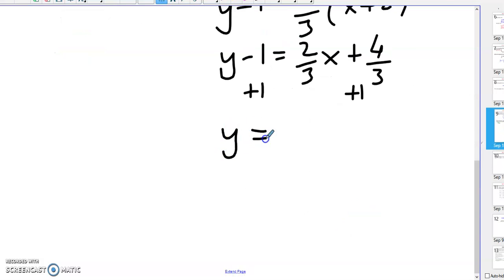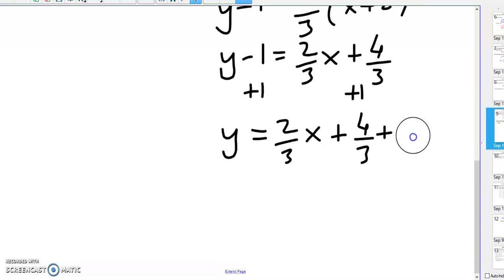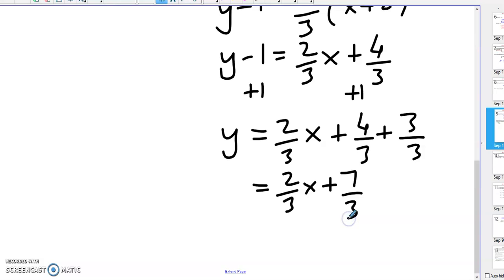So this becomes y equals 2/3 x plus 4/3 plus 1. We've got a whole bunch of fractions here, so I can switch that 1 to 3/3. Now we can add those. So this is y equals 2/3 x plus 7/3.